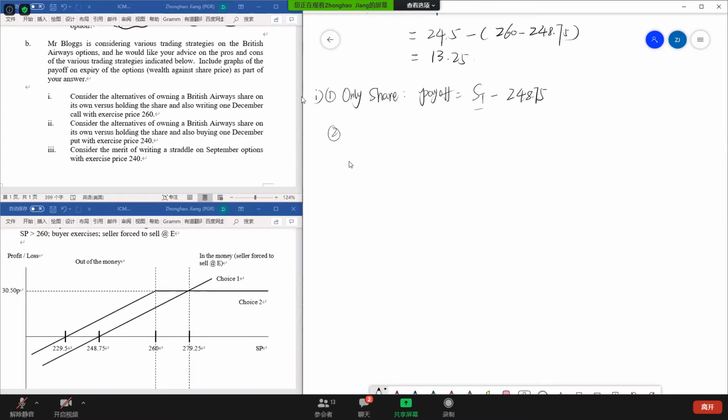And the second choice, we not only hold the share, but also write a call. So the payoff has two parts.